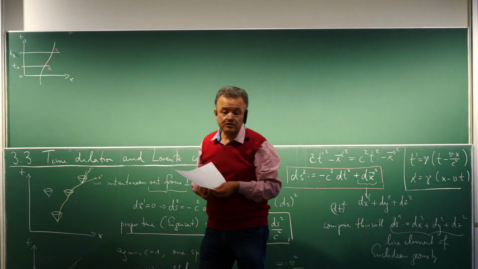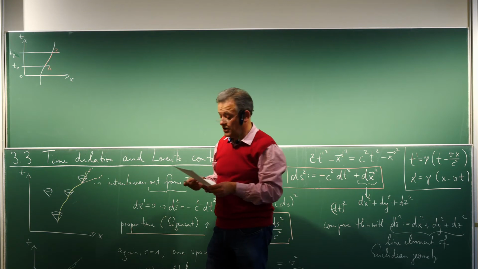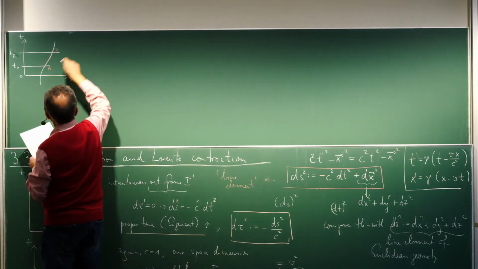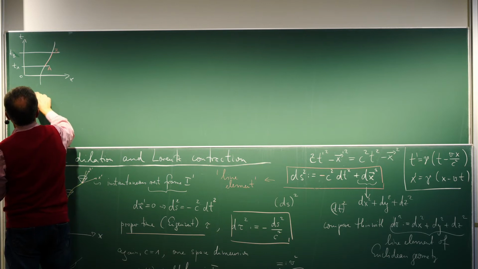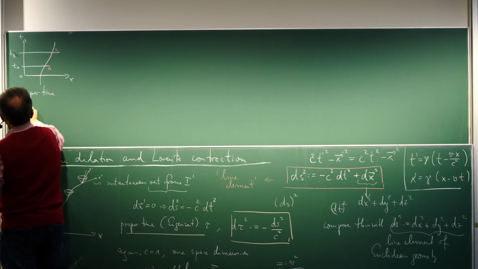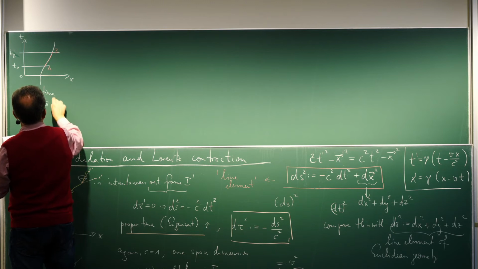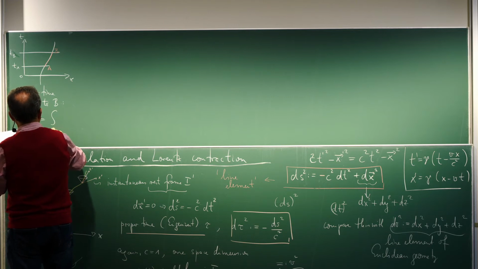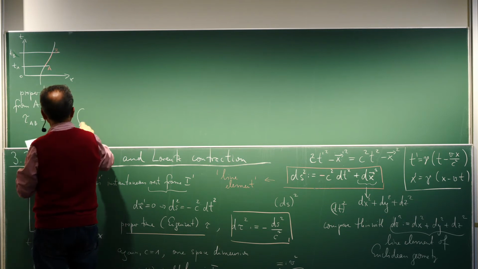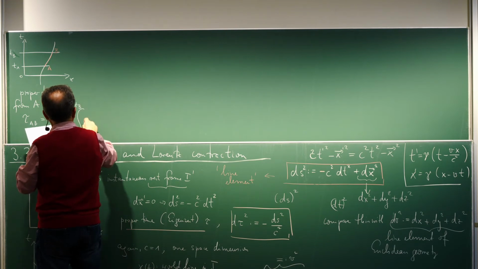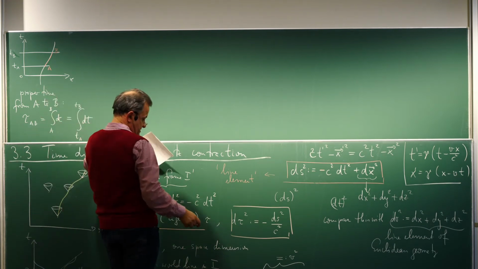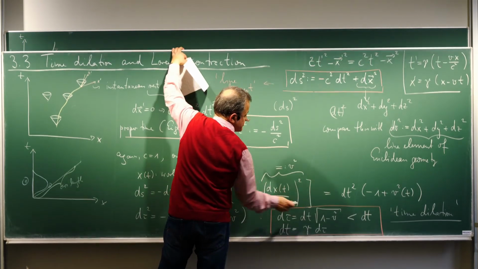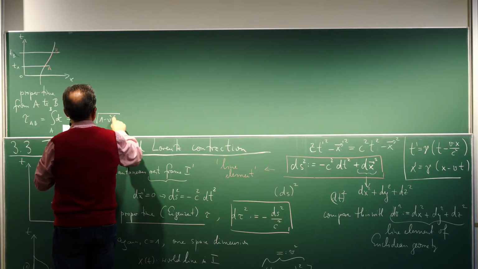Well, we just have to integrate the infinitesimal proper time d tau from A to B. So the proper time from A to B, tau AB, is the integral from A to B of d tau, which is the integral from TA to TB of dt times the square root of 1 minus v squared of t.